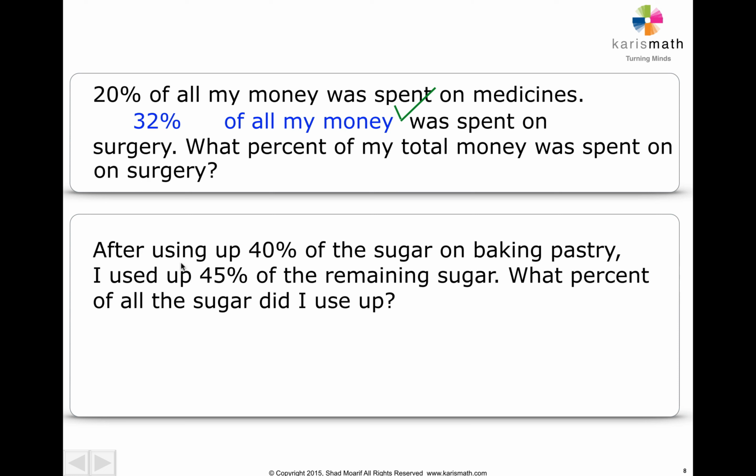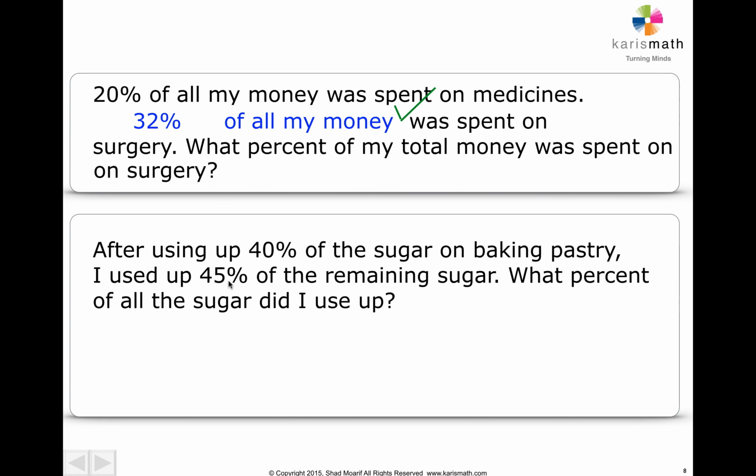What about this one? After using up 40% of the sugar on baking pastry, I used up 45% of the remaining sugar. So what percent of all the sugar did I use up? We can figure this out directly from here, isn't it? This is the cue.